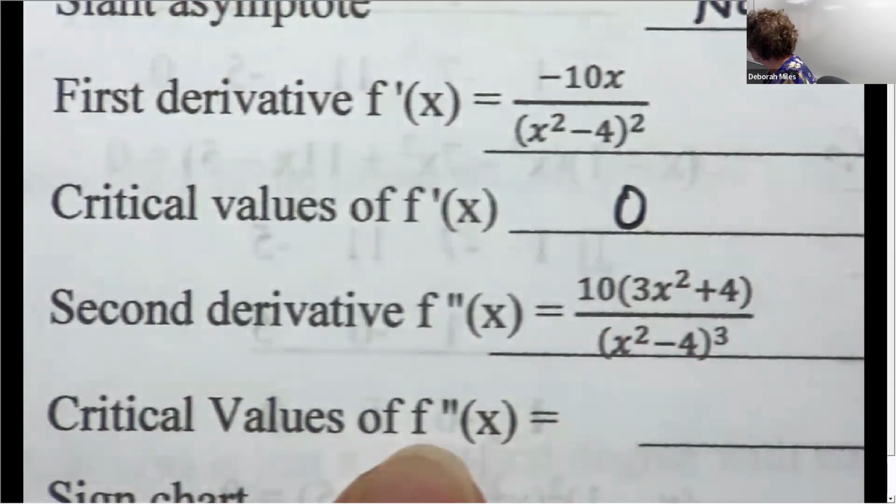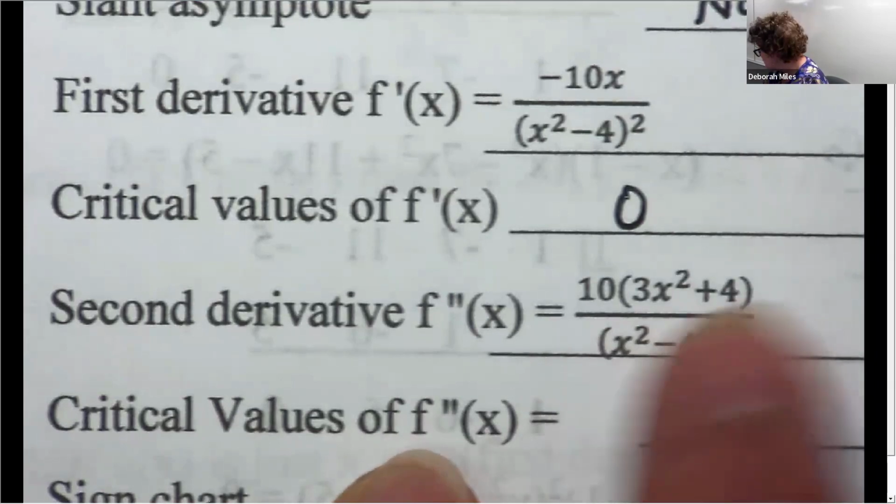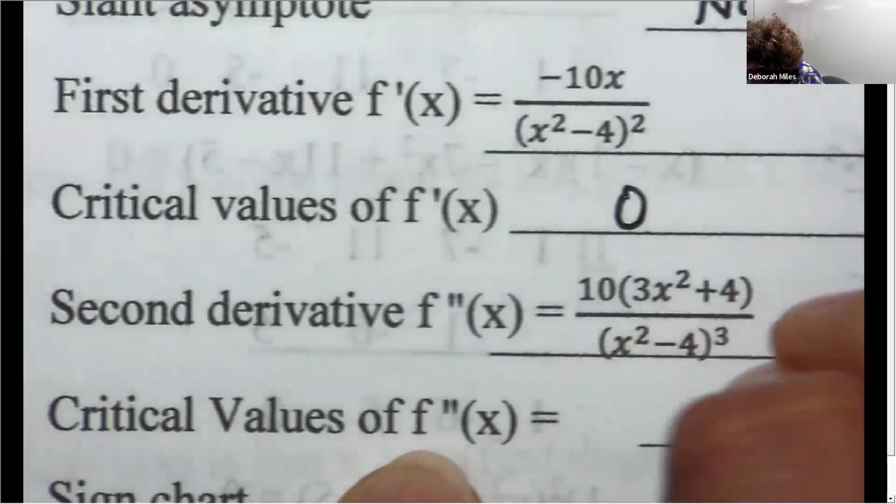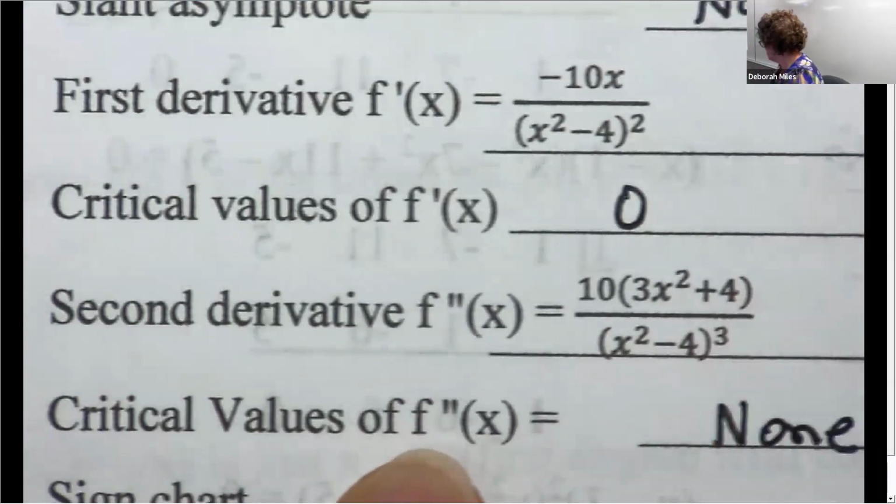Is there anything that makes the second derivative equal 0? No, this numerator is always going to be positive. So what does no critical values of the second derivative tell me? No inflection points, no place where the concavity changes. This is going to be all concave up or all concave down.